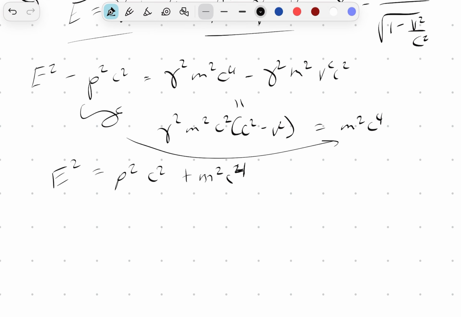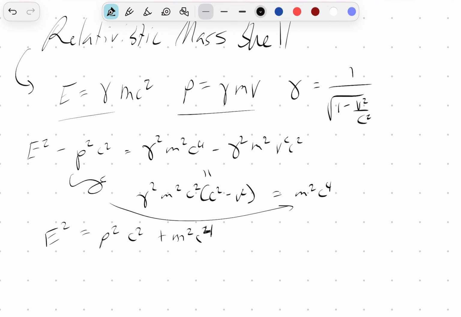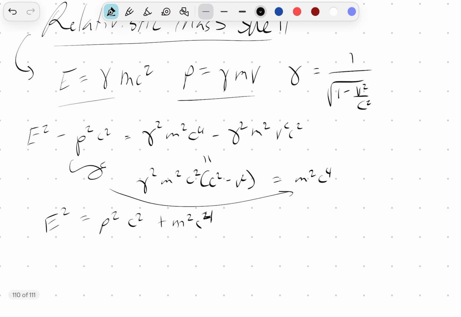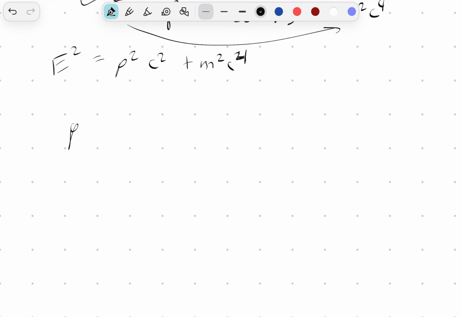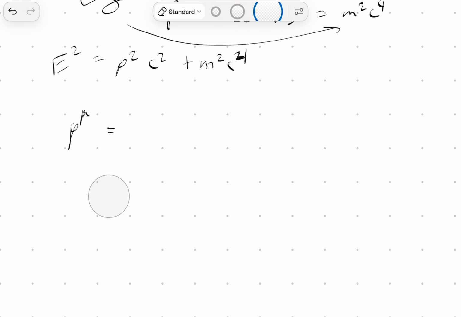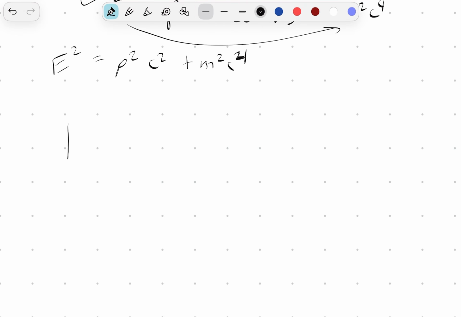So why this is important in special relativity is that we can define something called a 4-momentum, where mu is just the index between 0, 1, 2, 3, where 0 is time and 1 to 3 are the space dimensions, so it's 1 plus 3 dimensions. p mu is equivalent to E over c in the time component and then momentum in the space component: momentum x, momentum y, momentum z, right?